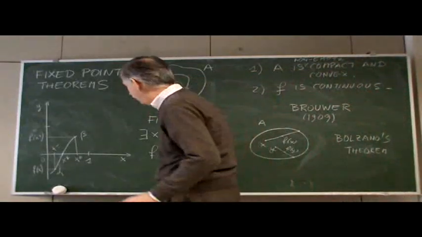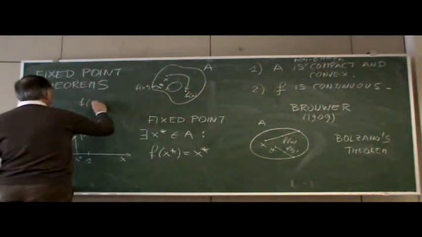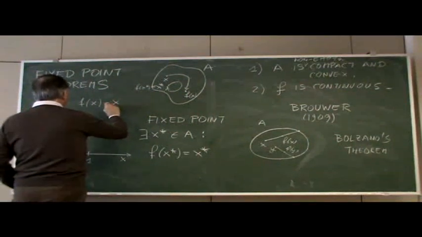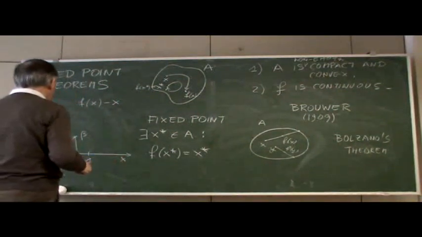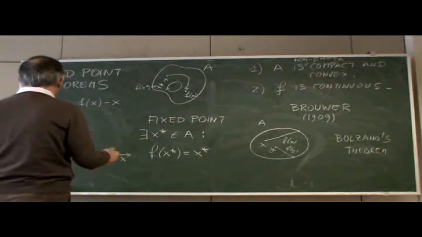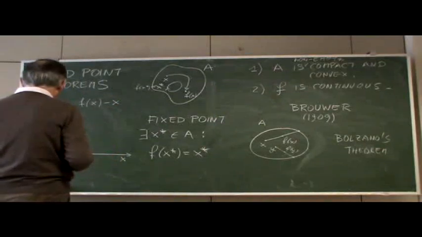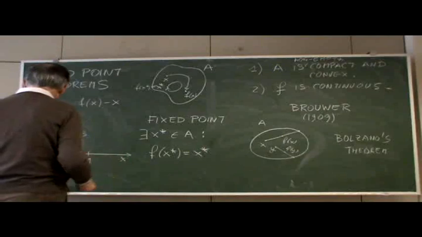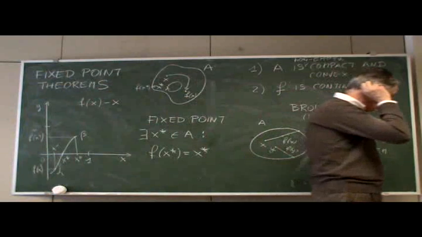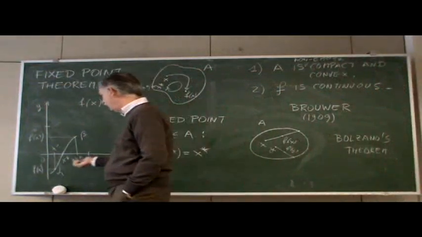But it is equivalent to assert that the function f of x minus x has a fixed point. A point such that this function has the same value of x from which we are starting. The proof of the theorem in a one-dimensional setting is elementary.